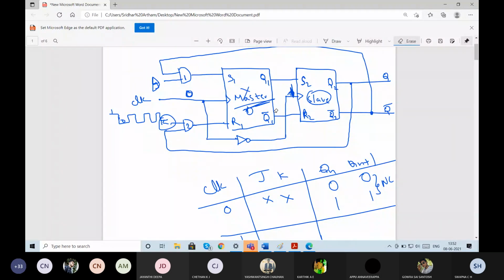So the slave will become active. Based on the values of Q1 and Q1 bar, because Q1 is directly connected to S2 and Q1 bar is directly connected to R2, the output of the slave will change.